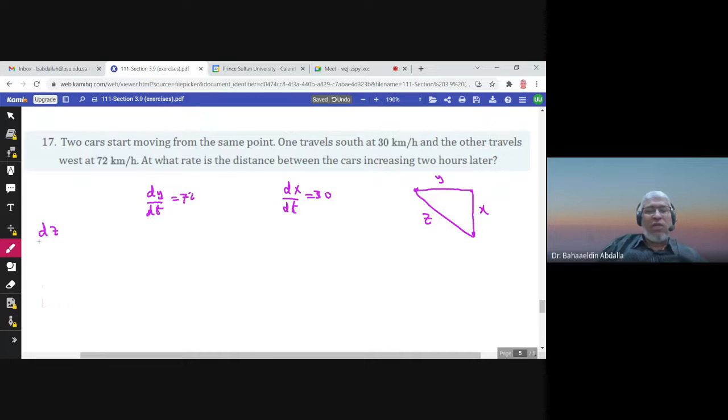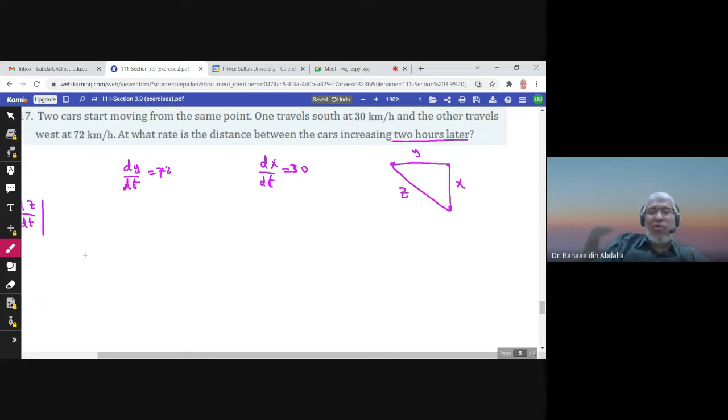So what is dz by dt 2 hours later, after 2 hours? So after 2 hours, what would happen? After 2 hours, x would be, dx by dt is 30 per hour. So after 2 hours, x would be 60. And y would be changing 72 every hour.